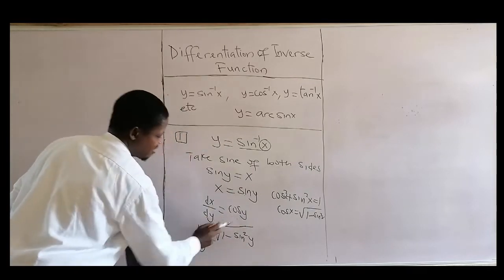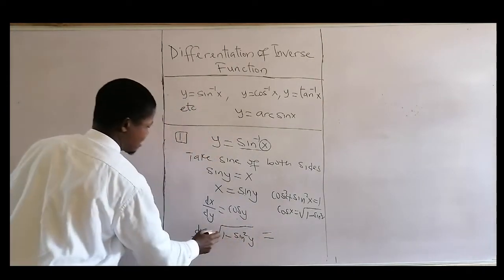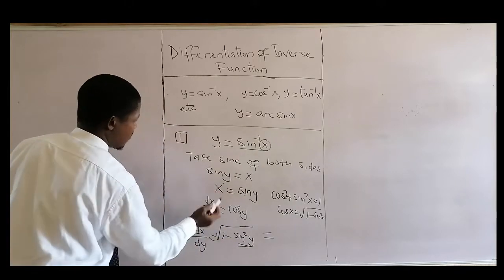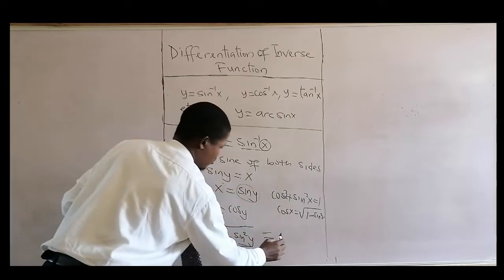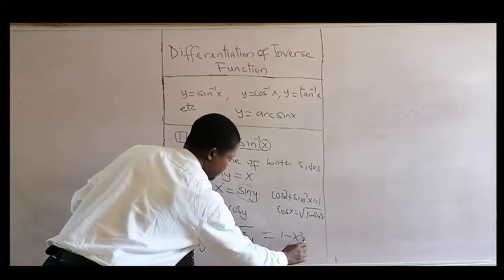Our function is y in this case. Then we can replace that. Sine y is what? Sine y is x. So that will be equal to the square root of 1 minus x squared.